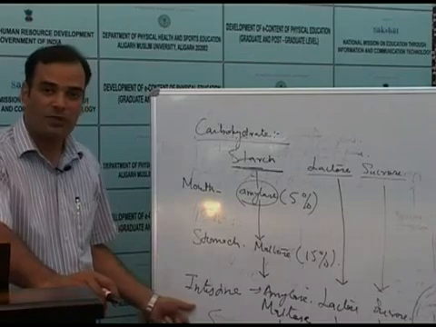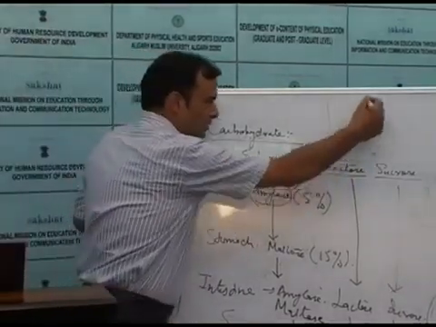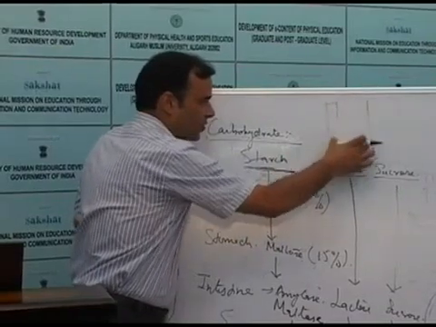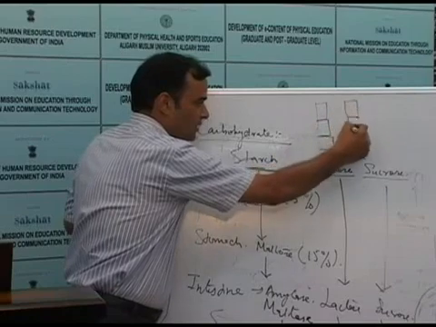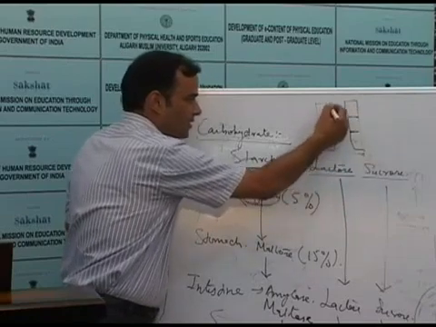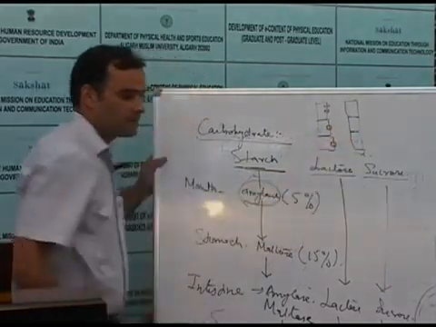if this is the lumen of the small intestine, these are the cells that line the small intestine. These cells are called enterocytes, and these enterocytes contain many membrane-bound enzymes.